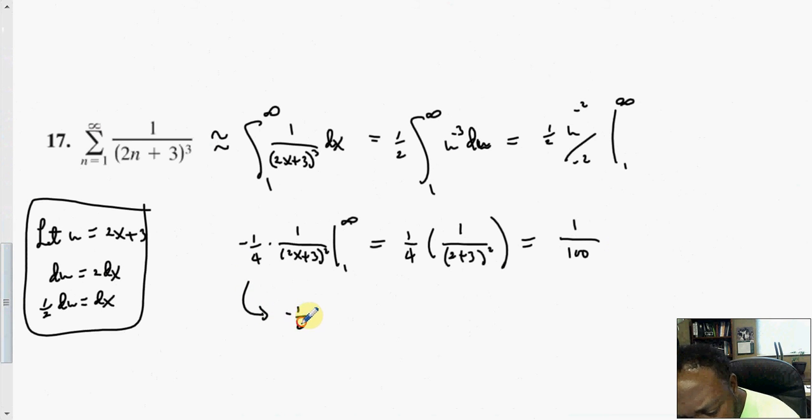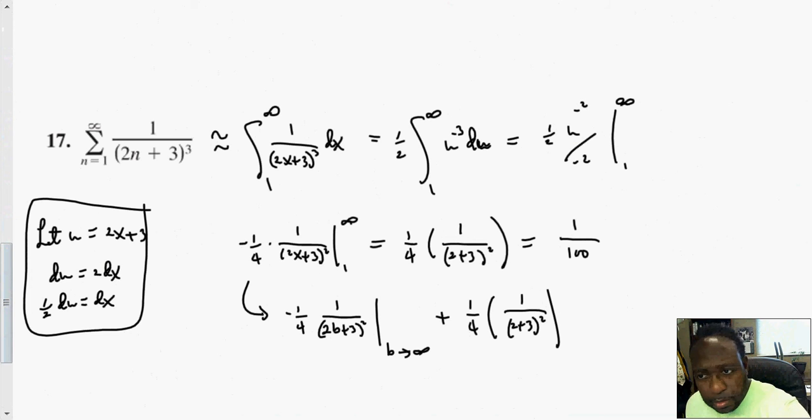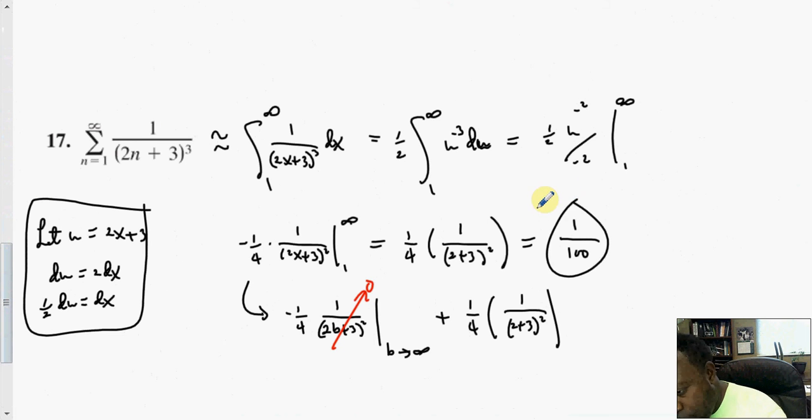As b goes to infinity, the first term, negative 1/4 over 2b plus 3 squared, goes to 0, plus the term 1/4 times 1 over 2 plus 3 squared when x is equal to 1. So we get a fixed number. So the integral converges.